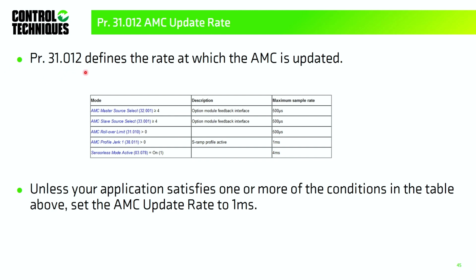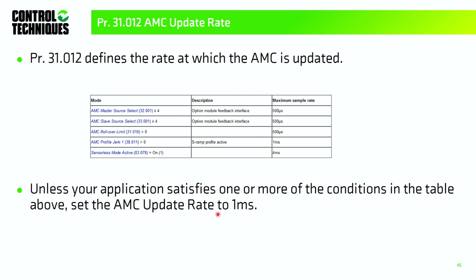Menu 31, parameter 12 defines the rate at which the AMC is updated. This comes right out of the help: unless your application satisfies one or more of the conditions in the table, set your AMC update rate to 1 millisecond.